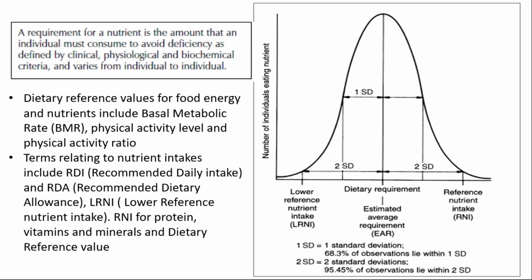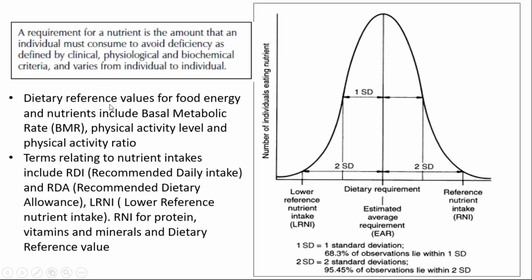They use a graph, which is generally of Gaussian nature, and the requirement for the nutrient is the amount that the individual must consume to avoid deficiency, as defined by clinical, physiological, and biochemical criteria.